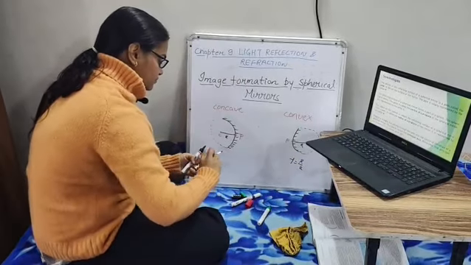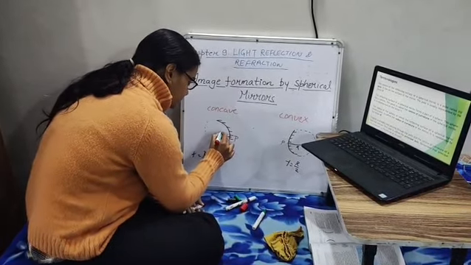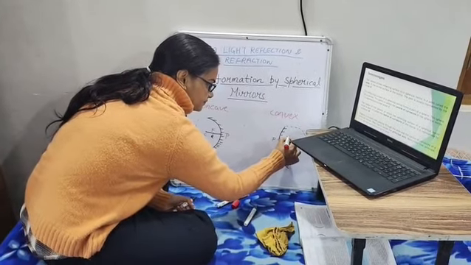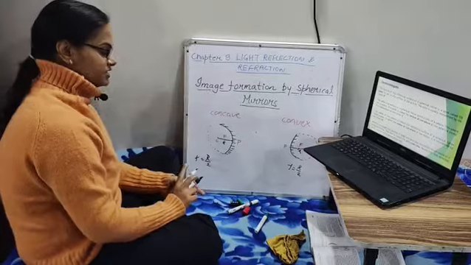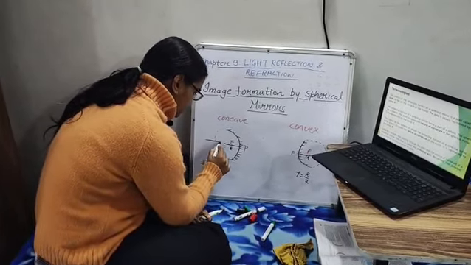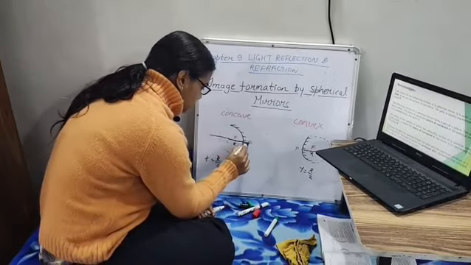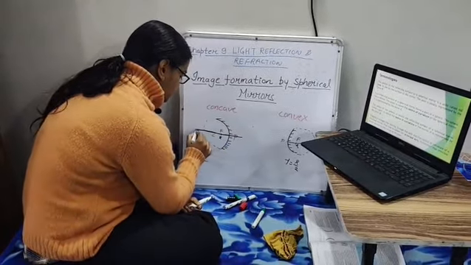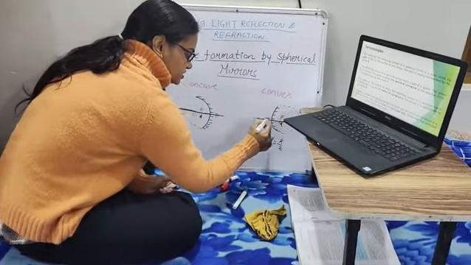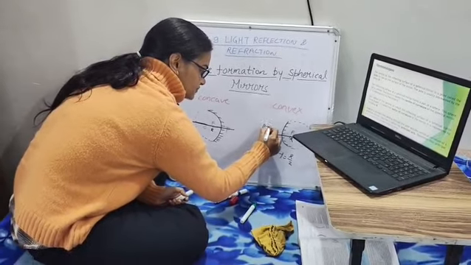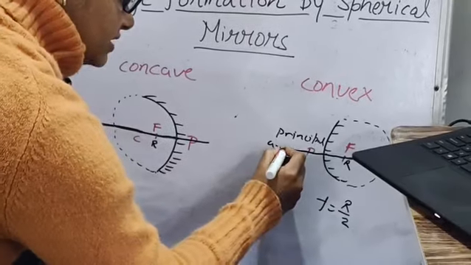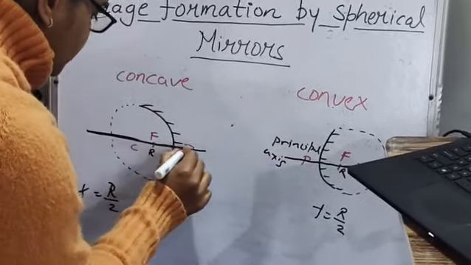This is the focus, or this. Now what is the principal axis? The line which joins the pole and the center of curvature is known as the principal axis. In this case, this is the principal axis.